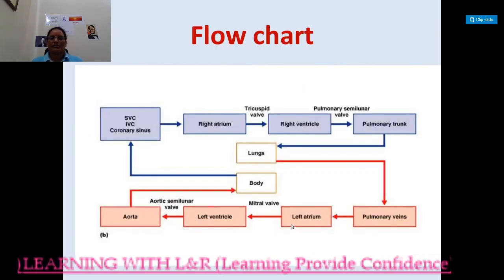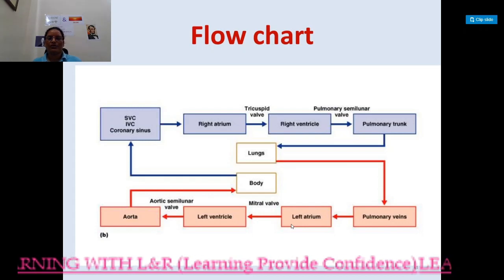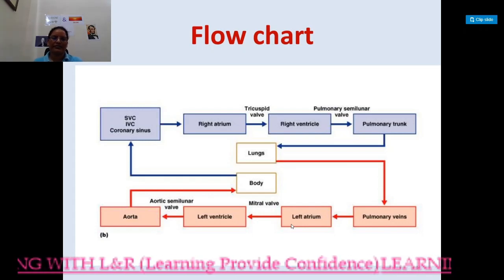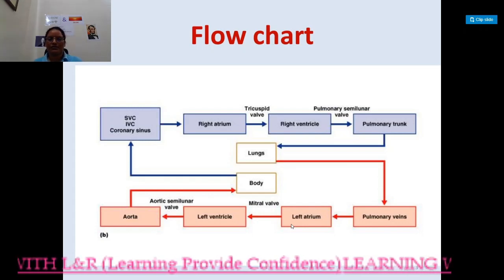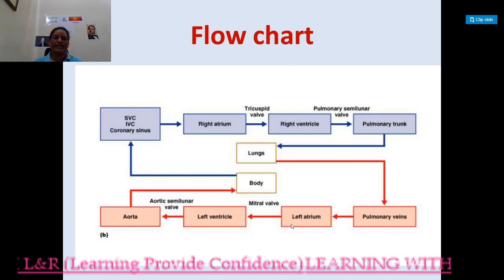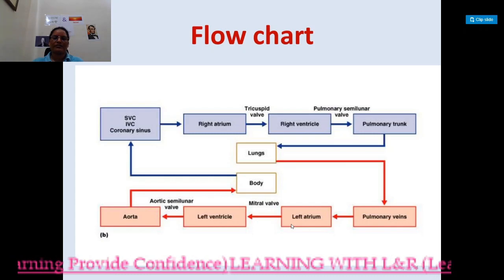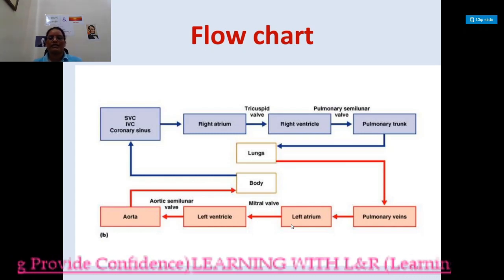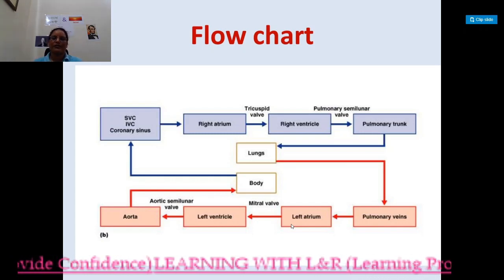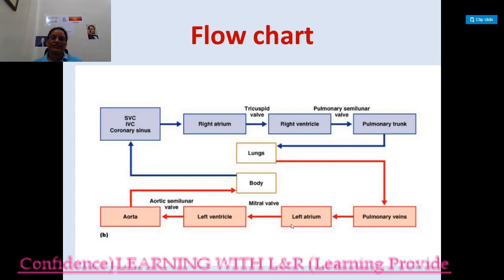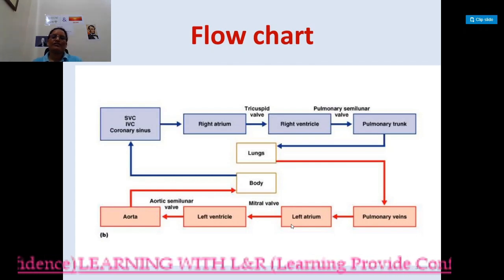There is normal circulation of blood. As you know, the superior vena cava and inferior vena cava receive deoxygenated blood from the body, and it pours into the right atrium with the help of the tricuspid valve. It moves into the right ventricle, and from there the pulmonary artery takes blood to the lungs.